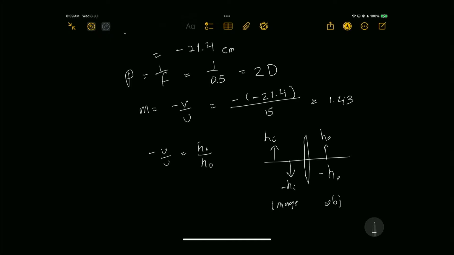Now, as we age, our ciliary muscles get weaker, so we are not able to make our lens curve as much as when we are younger. So as we age, we are not able to focus clearly on objects that are very close to us. This image is formed on the retina.